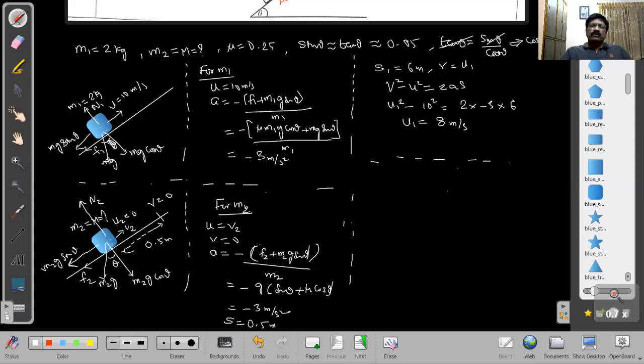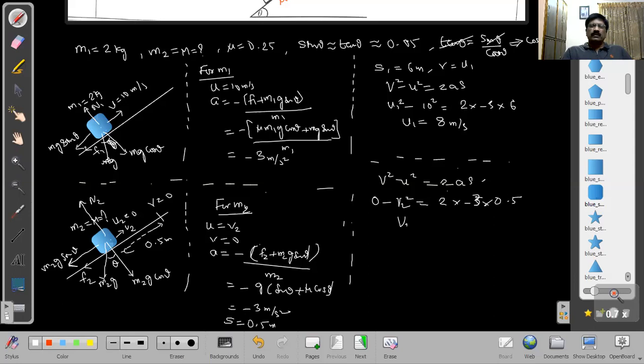So here, from v square minus u square is equal to 2as. Now substitute the data. V means 0, minus u square means v2 square, is equal to 2 into minus 3 into s, which is 0.5.